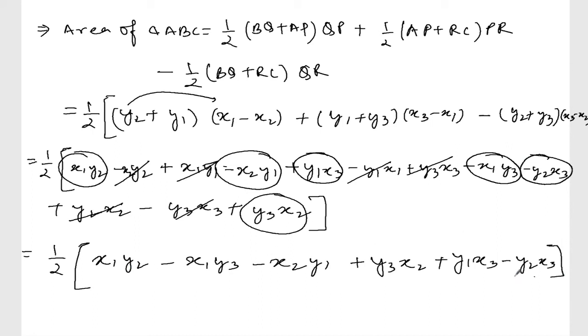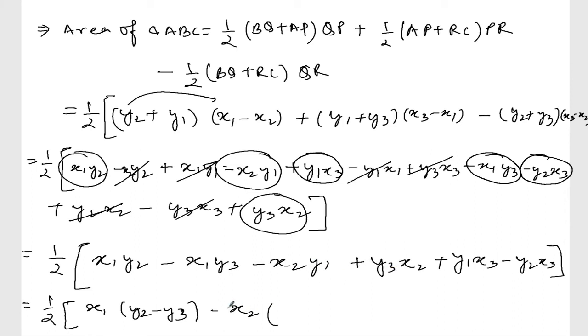So half X1, if you take common, it will be X1 Y2 minus Y3, right? And from this 2, if you take minus X2 common, it will be Y1 minus Y3.